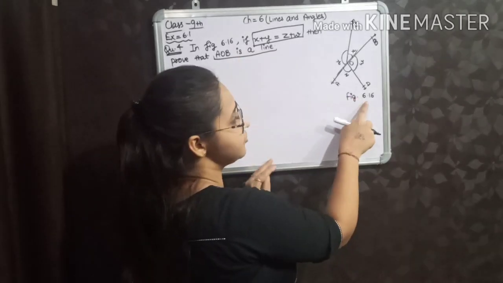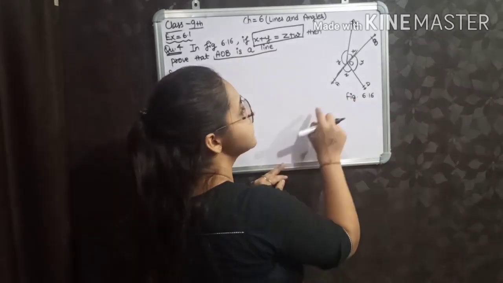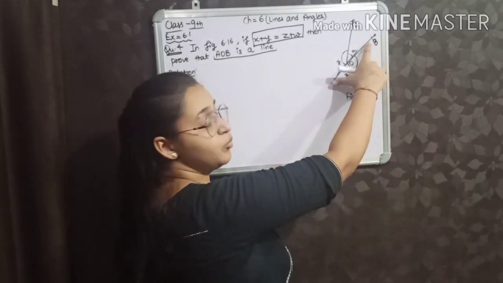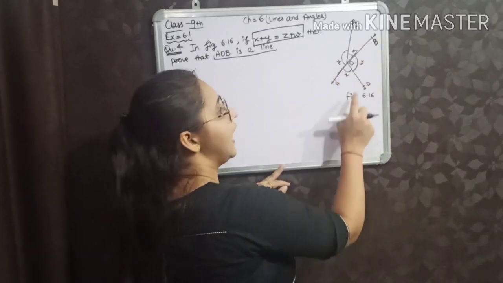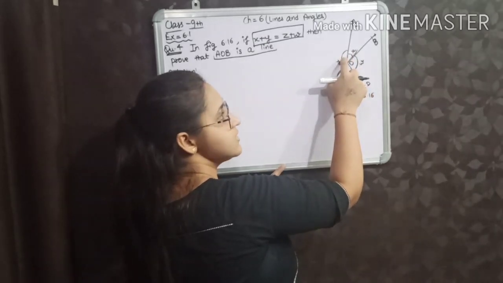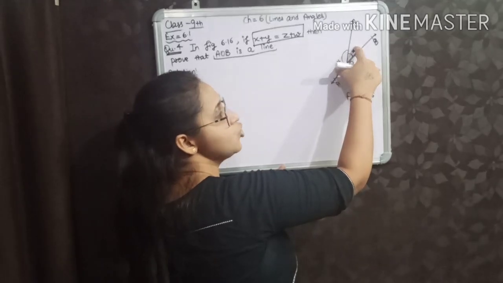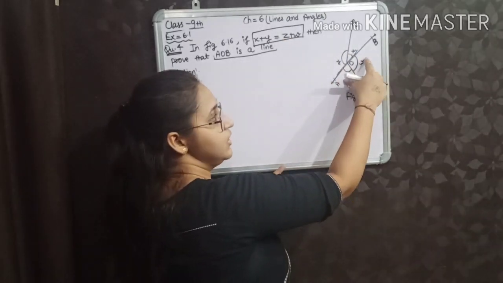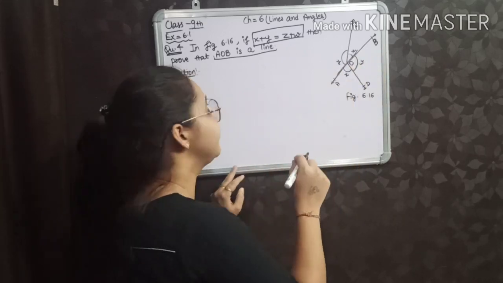Now see this figure 6.16. It is AOB. We have to prove that this is a line, and the given condition is that this angle x plus this angle y, the sum of these two angles, is equal to z plus w, the sum of these two angles. Now how will we proceed?